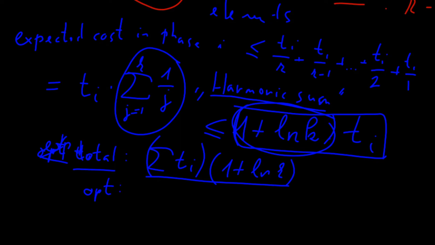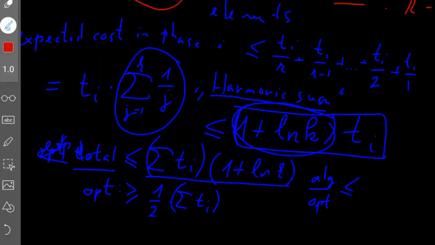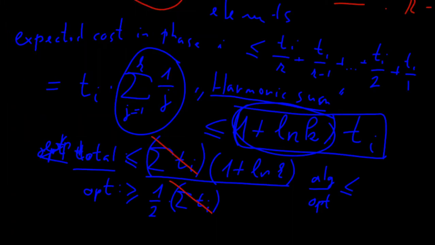And the optimum was at least 1/2 times the sum of the ti's, which means that the expected cost of the algorithm divided by the optimum is at most, and these sums of ti's magically cancel out, 1 plus ln k divided by 1/2, which is just 2 times 1 plus ln k.